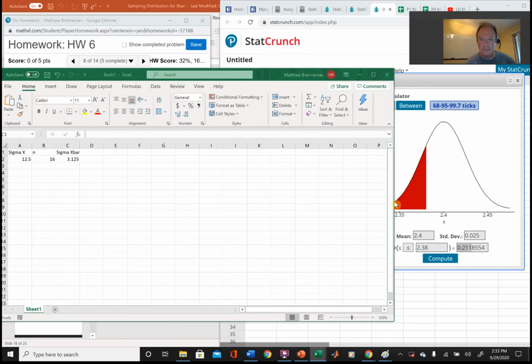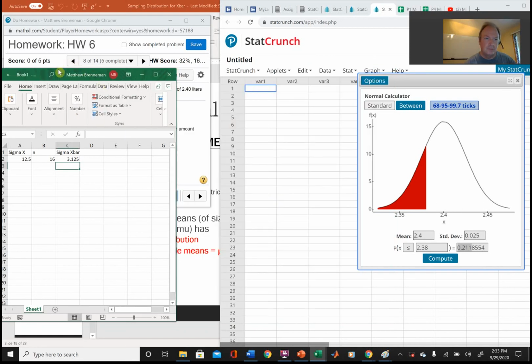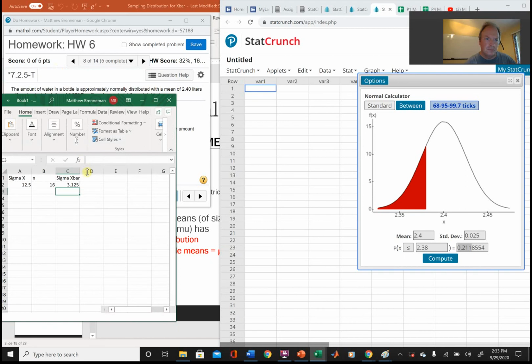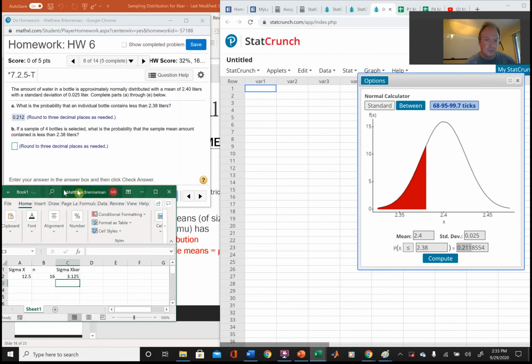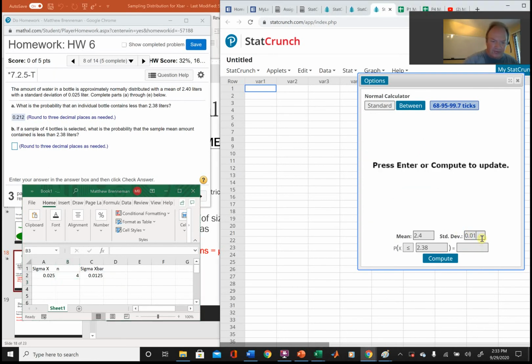So for our standard deviation, you can just put yours in here, and my sample size is 4. And now my X bar standard deviation is just 125. Basically, it just gets divided by half, right?